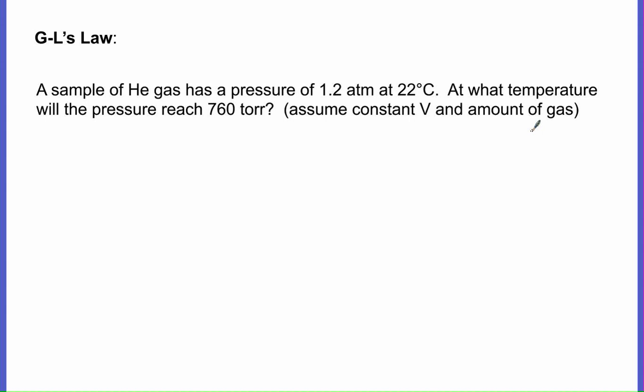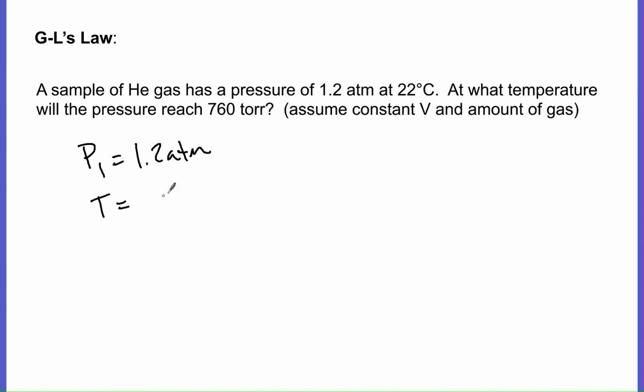A sample of helium gas has a pressure of 1.2 atmospheres at 22 degrees Celsius. At what temperature will the pressure reach 760 torr? So in this case, I have two pressures. P1 is 1.2 atmospheres.